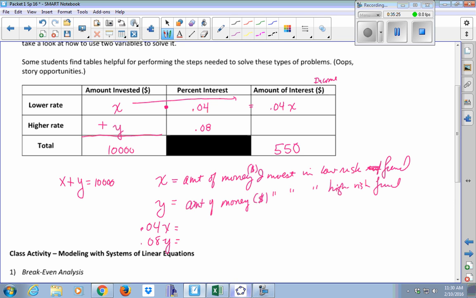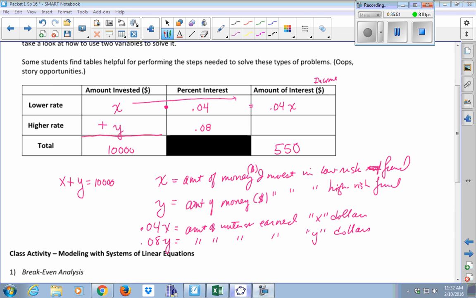What does 0.04 times x mean? Wait a minute, one person at a time. Just raise your hand so I know who's talking at me. Yep. Percent interest increase. 0.08y represents the amount of, this is where you can use your little ditto things, earned on y dollars.